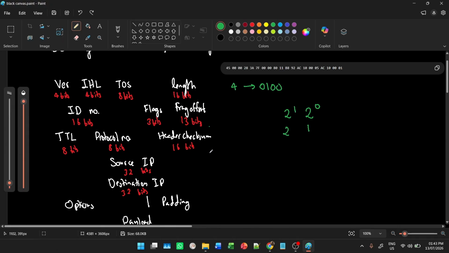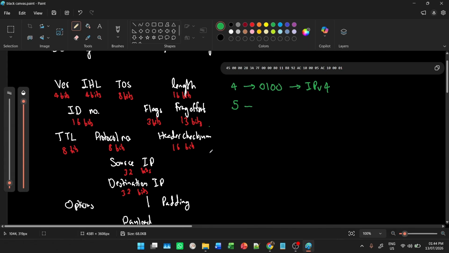You should not mix that up. So here we have 4, which is written as 100. Essentially this is saying it's IP version 4. I think we learned it. IPv6 is, pardon me, not 101, 110. It's essentially just saying the IP version, and here we have 4, which is IPv4.